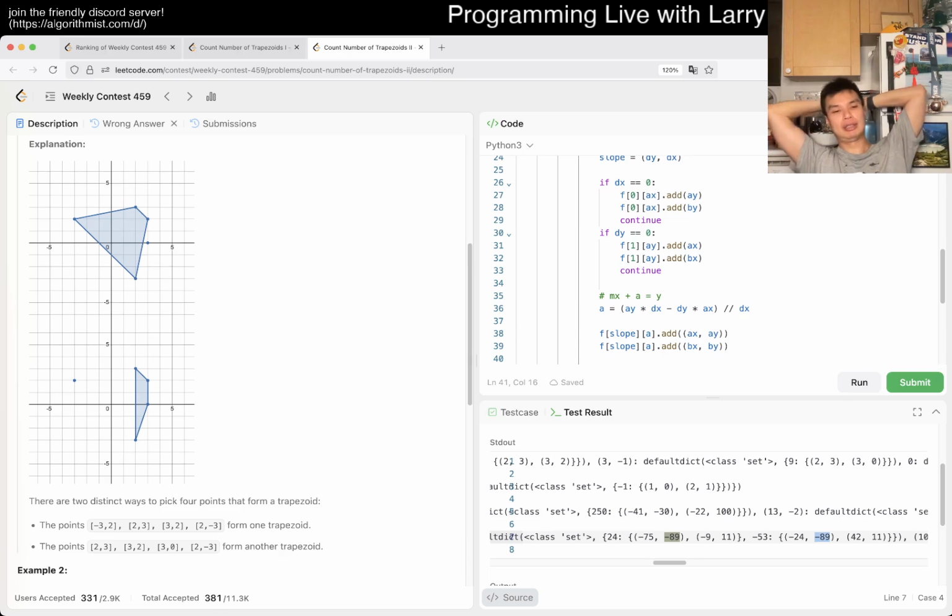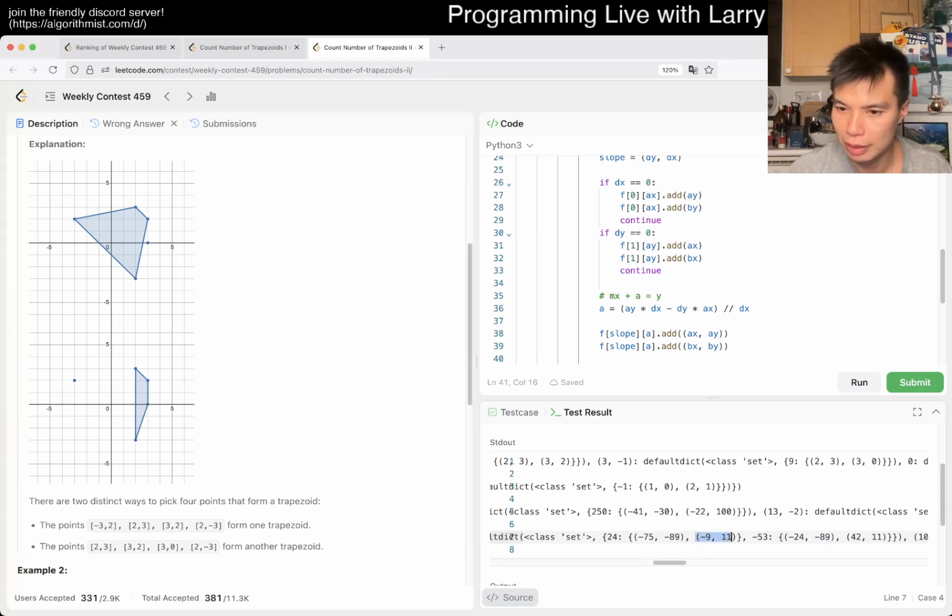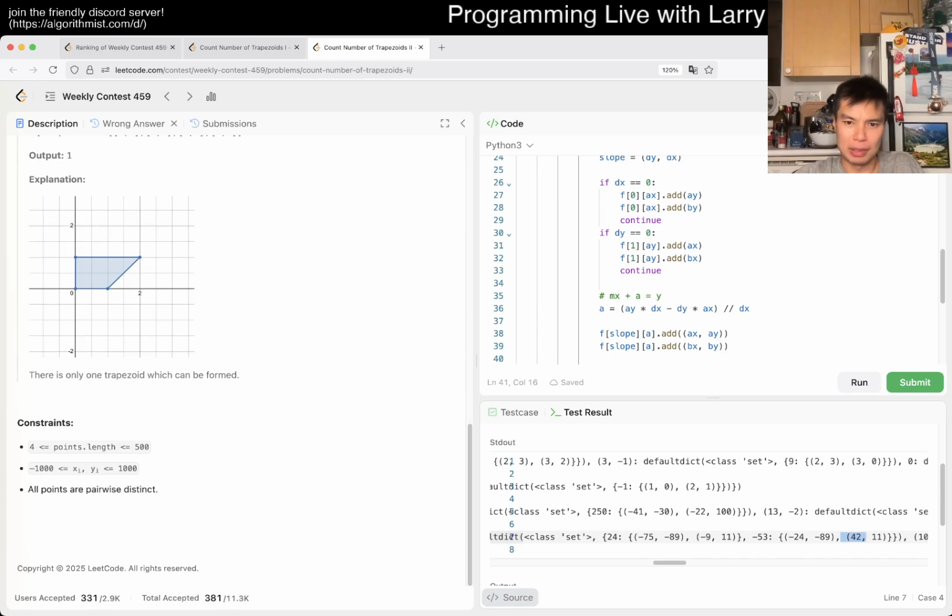That's why. I don't handle the parallelogram. Yeah, because these two form a top edge, so now it's a parallelogram. I see. How do I handle parallelograms without just deduping it in a weird way?